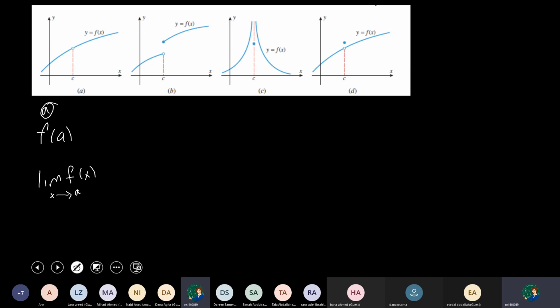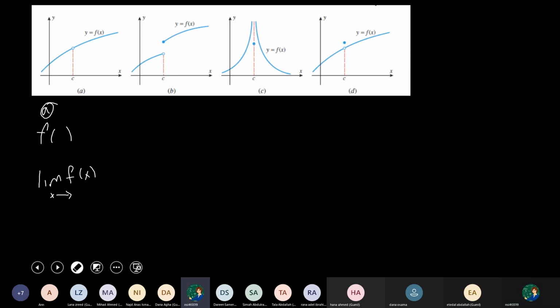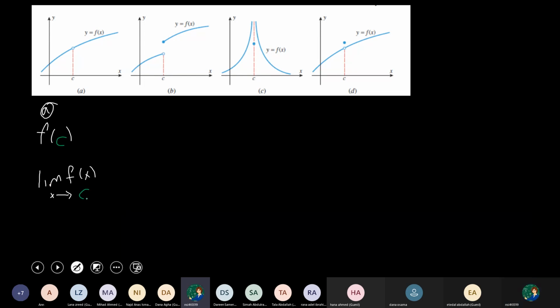Look at, not A, sorry, C. Now, what is the value of f of C? It's undefined, thank you.